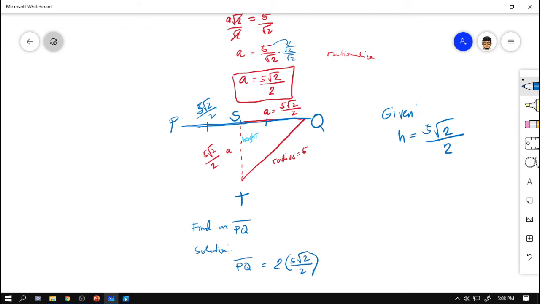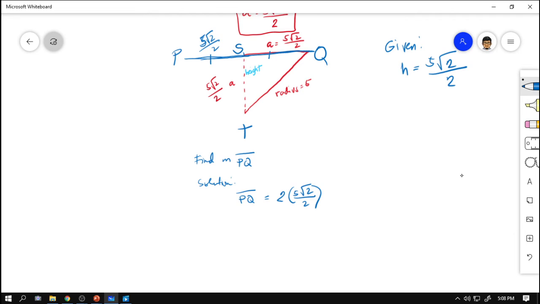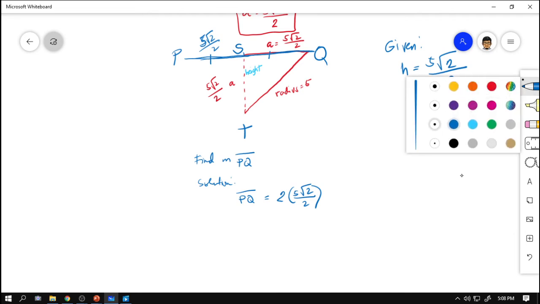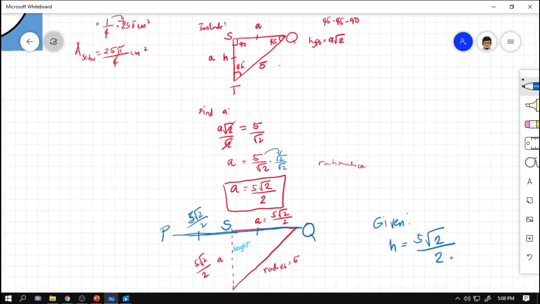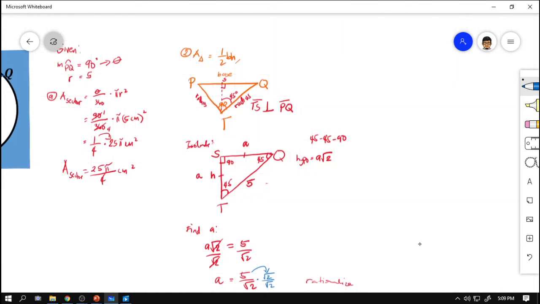Doblehin mo lang yon. 5 square root of 2 over 2 plus 5 square root of 2 over 2. Okay? Now, simplifying it, cancel na yung 2, cancel na yung 2. So, you will have PQ now is 5 square root of 2. Now, remember that PQ is the base of the given triangle. Okay, base natin yon. Ayun, base natin si PQ.